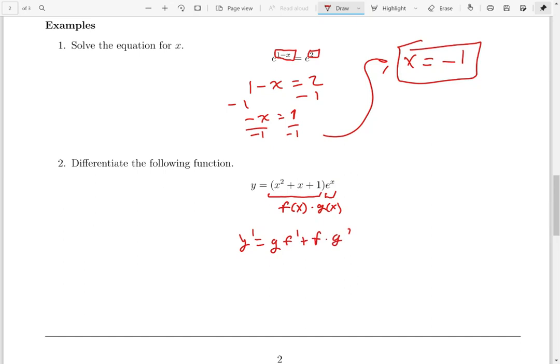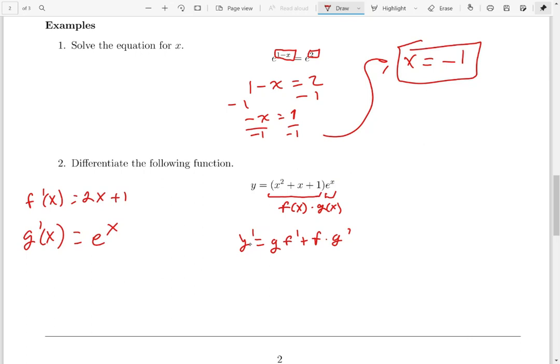And since that's the case, if we want, we can go ahead and find f prime. F prime of x is going to be 2x to the first plus 1 plus 0. G prime of x, well, g of x is e to the x. The derivative of the function e to the x is e to the x.